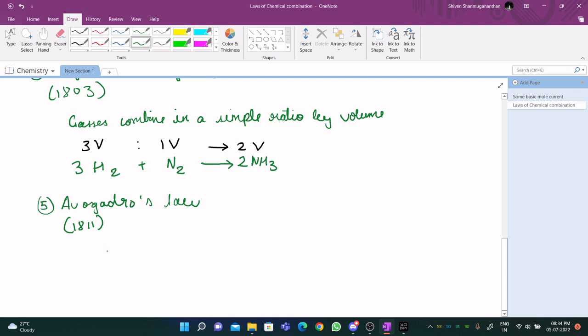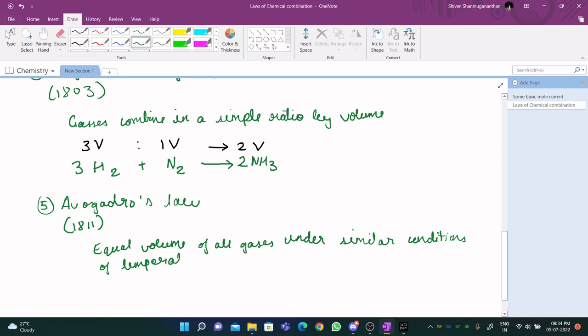Equal volume of all gases under similar conditions of temperature and pressure contain equal number of molecules.